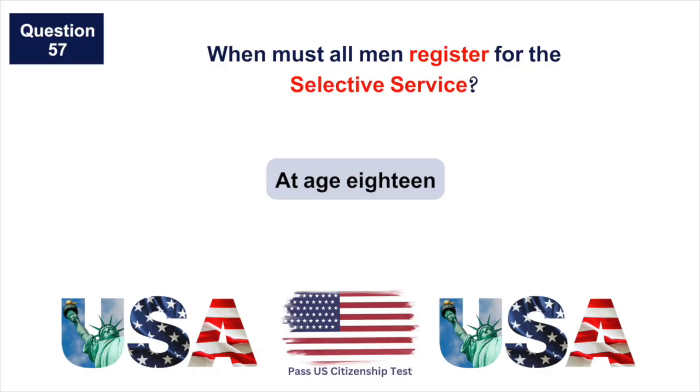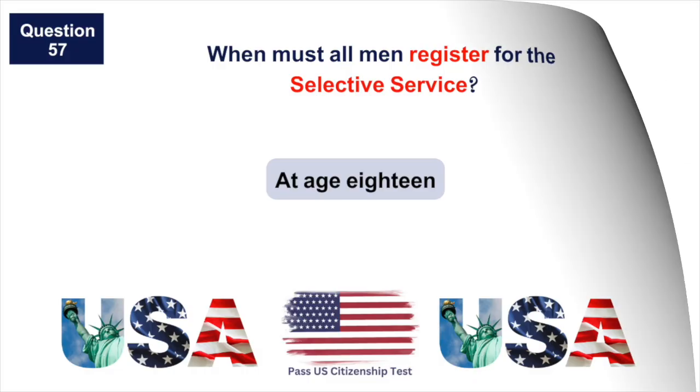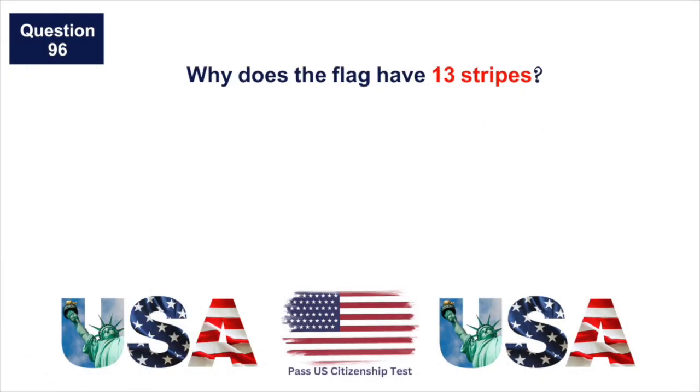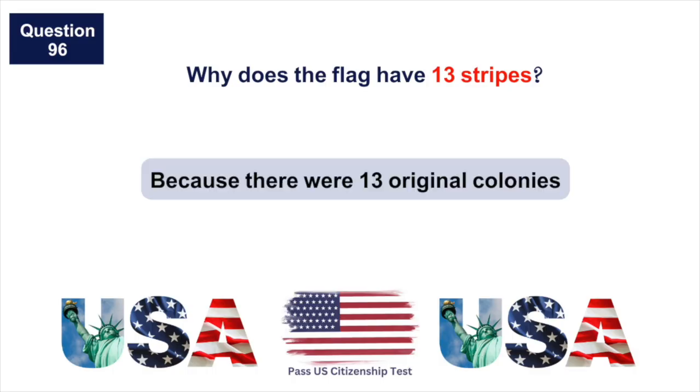At age 18. Why does the flag have 13 stripes? Because there were 13 original colonies.